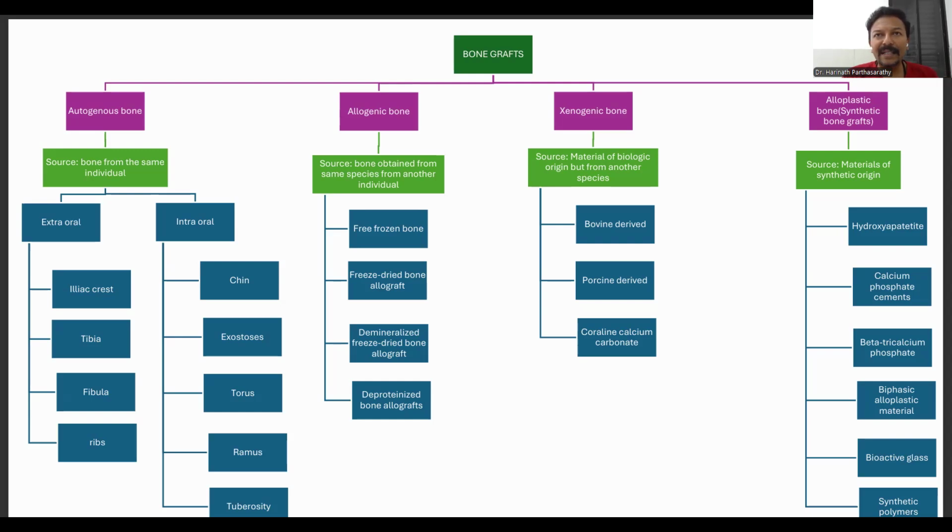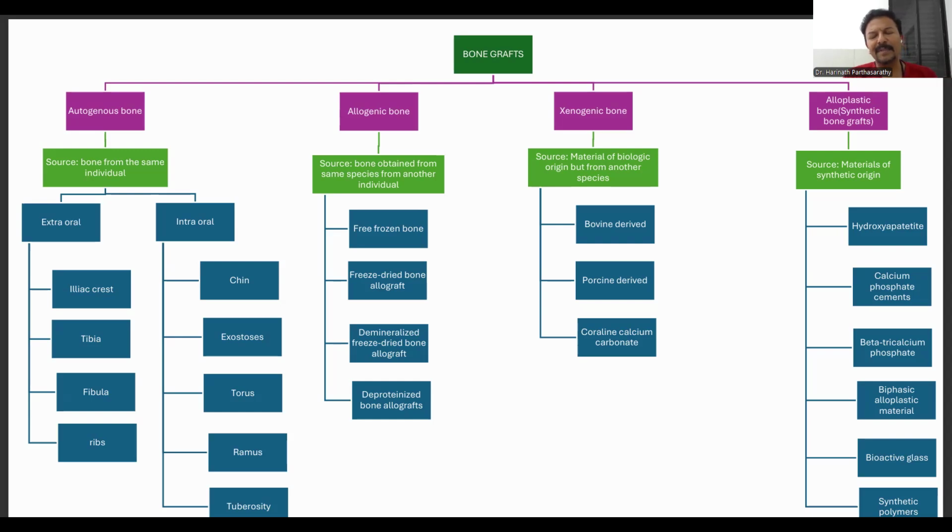This osteoinductive potential is because of the presence of a very important bone regenerative growth signaling molecule, the bone morphogenic protein.